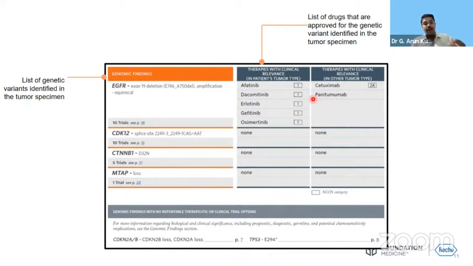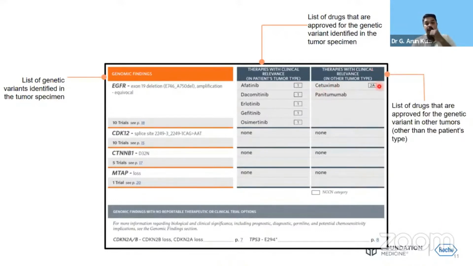For example, anti-EGFR antibodies such as cetuximab are implicated not in lung cancer but in colorectal cancer, so that becomes a tier 2 variant: therapies with clinical relevance in a tumor type other than the one the patient has. Then you also have genetic variants identified in the tumor with no approved therapy. For example, CDKN2A or B does not currently have an approved therapy available for the patient.